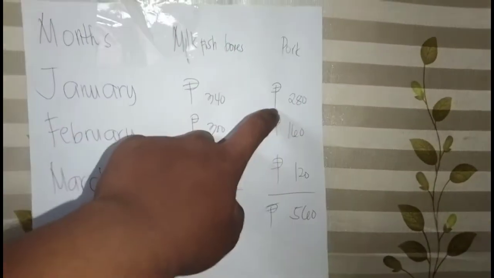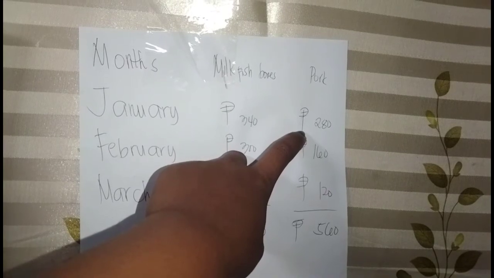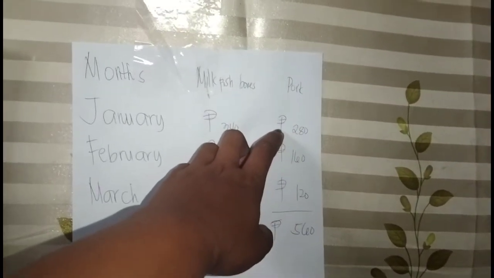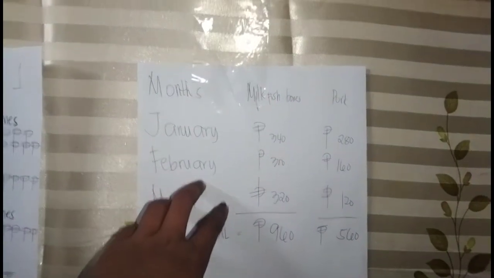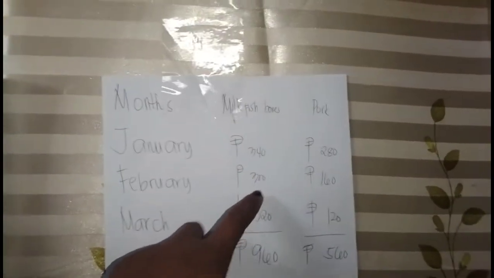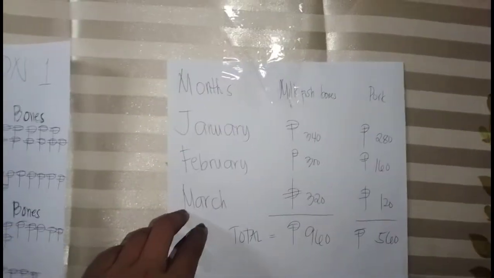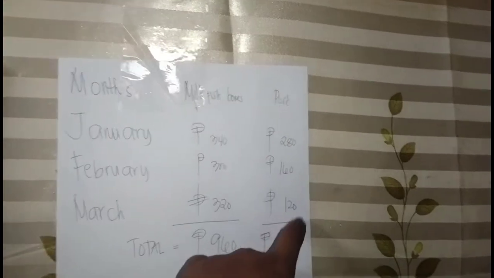For pork, the amount for January is 280. In February, we have 300 and the pork is 160 pesos. For the month of March, we have 320 and the pork is 120.